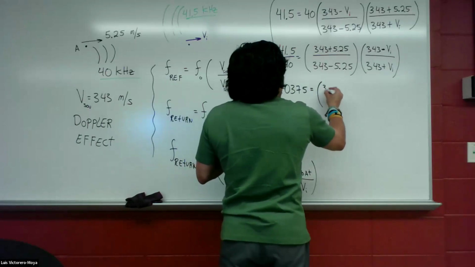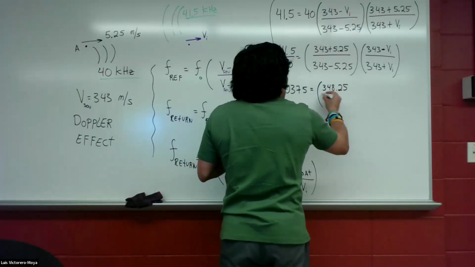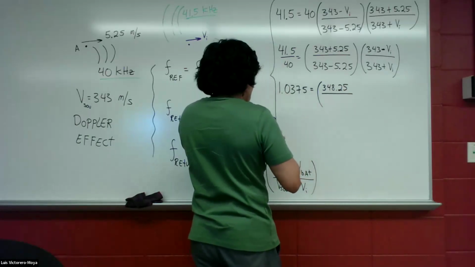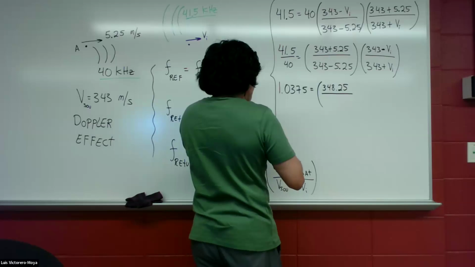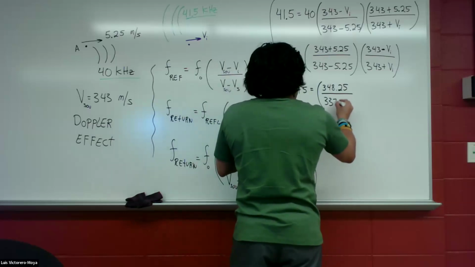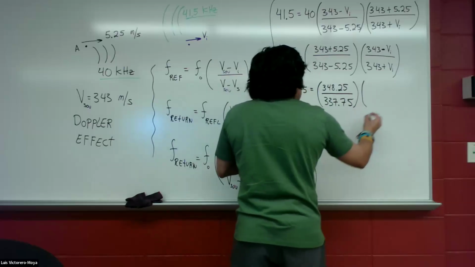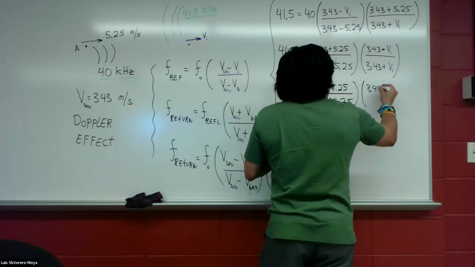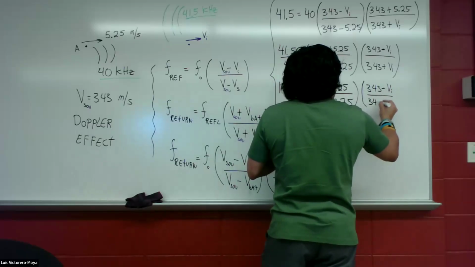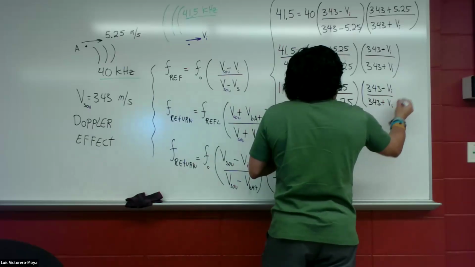That's 348.25 over 343 minus 5.25. That's 337.75. And here you have 343 minus VI over 343 plus VI.